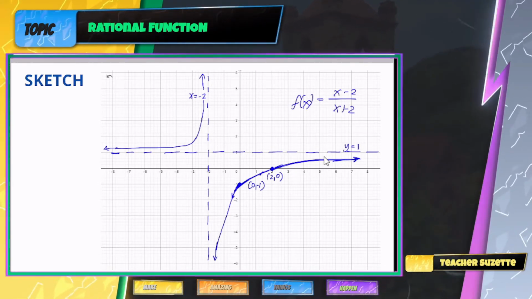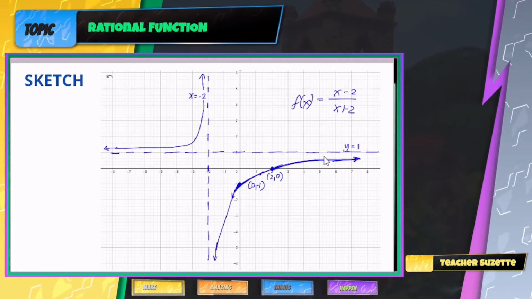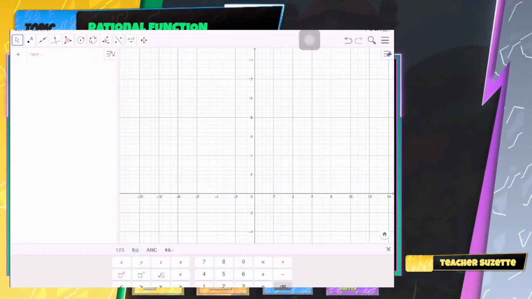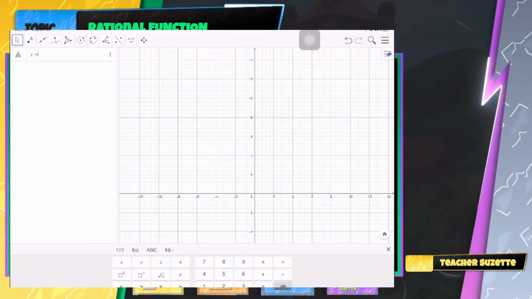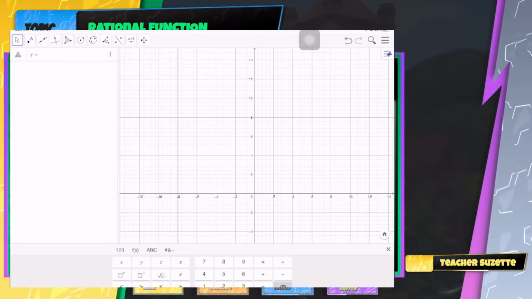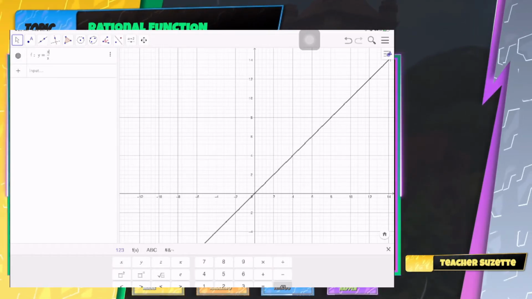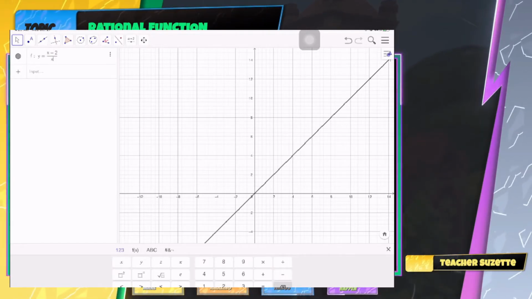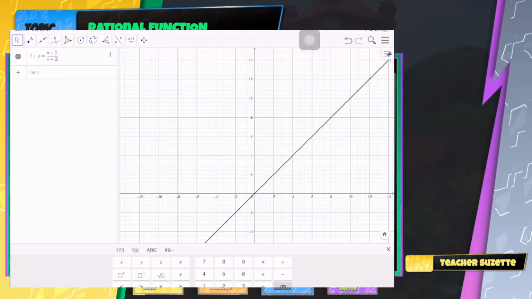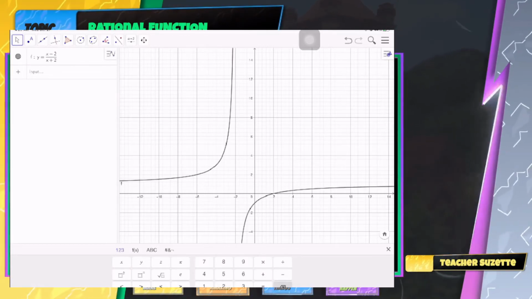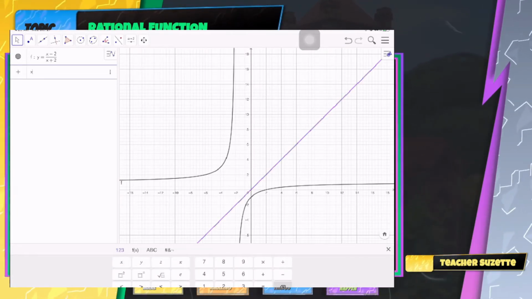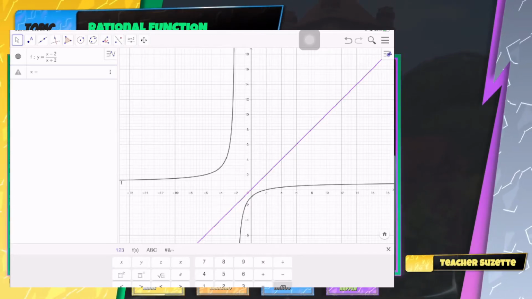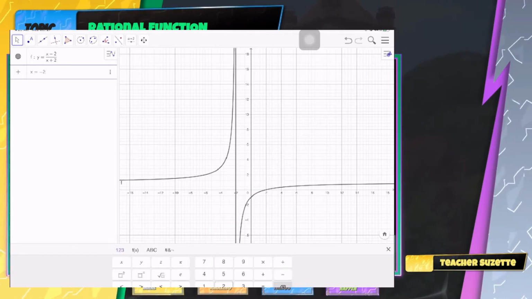Now, let's check this in our GeoGebra. In GeoGebra, we type y is equal to x minus 2 over x plus 2. That is what it looks like. Again, our vertical asymptote is x is equal to negative 2.